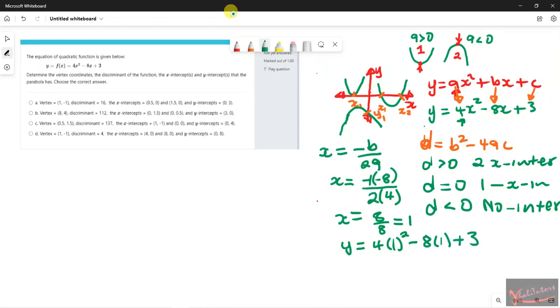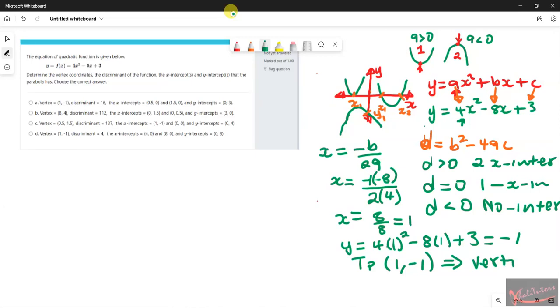This will be 4 minus 8, which becomes minus 4, plus 3 becomes minus 1. So we know the y value and the x value. At the turning point, the coordinates are x is 1, y is minus 1. So this is your vertex coordinates.